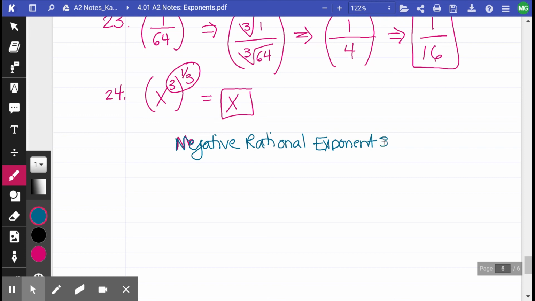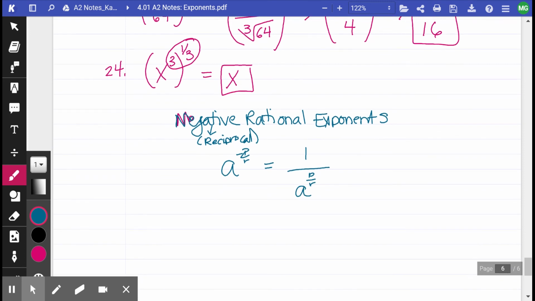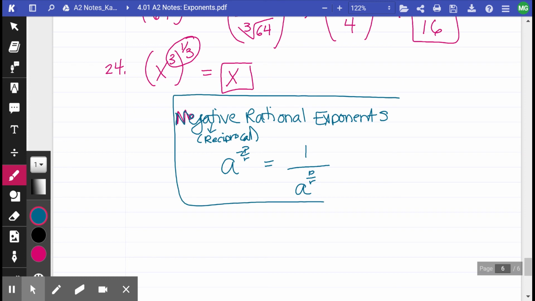So you should be thinking reciprocal when you see negative exponents. For example, if you have a to the negative p over r, you'd flip it, so it'd become 1 over a to the positive p over r. So you flip it, and then you have your power over root.